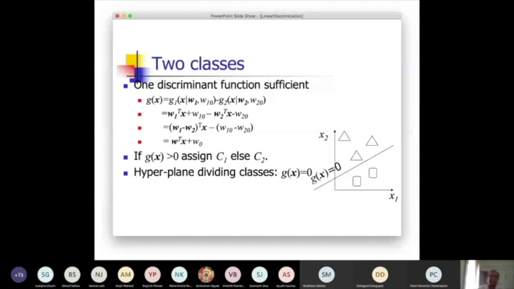Suppose this is the two-dimensional case that has been drawn here. So gx in two dimensions will be a straight line. As you understand, gx equal to 0 represents a straight line, and a straight line divides the two-dimensional space into a positive half and a negative half, right? Suppose this is the positive half, and this is the negative half. Now it depends on the way this function gx has been written.